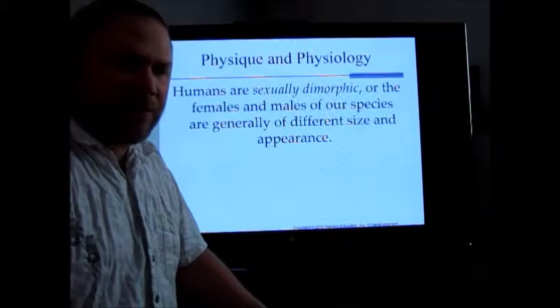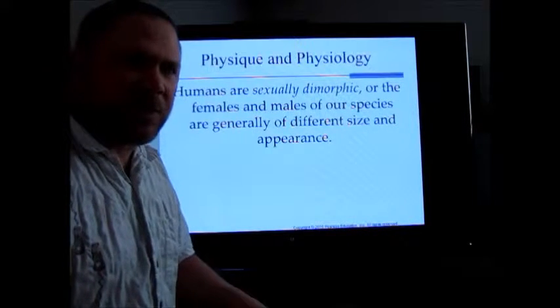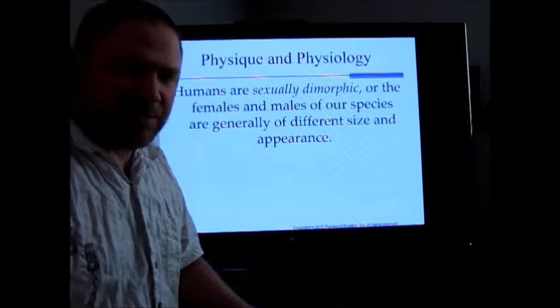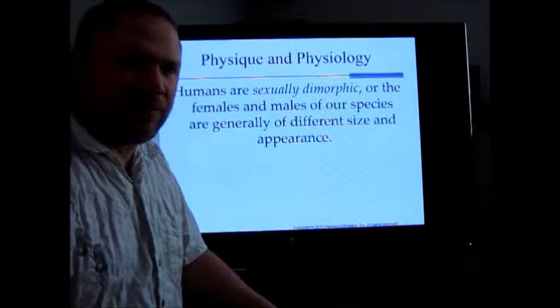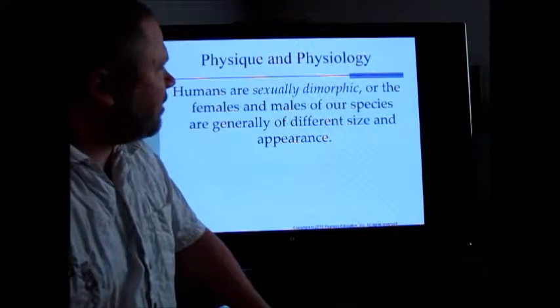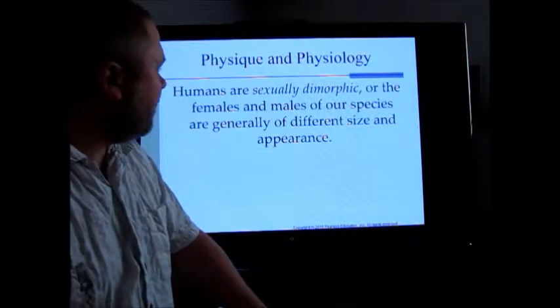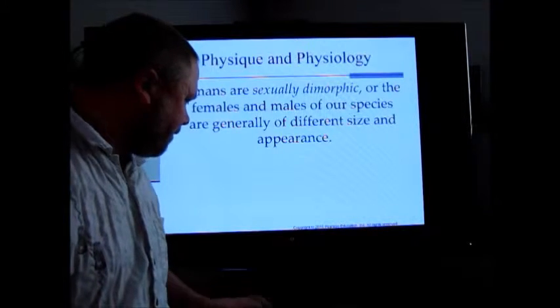If you hear the term sexual dimorphism, it just means that the male and female of the species look different in terms of their physical appearance. So humans are sexually dimorphic, or the females and males of our species are generally of different size and appearance.